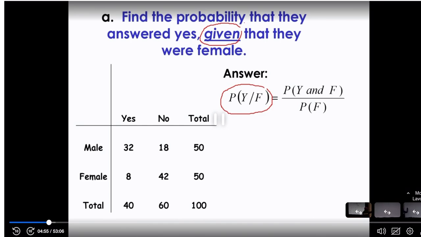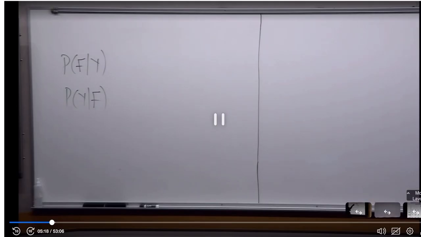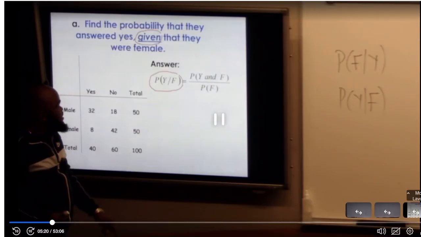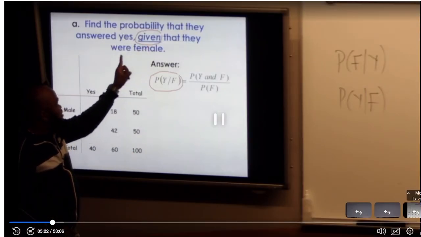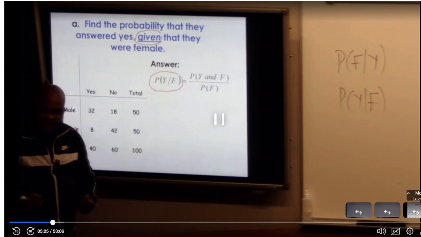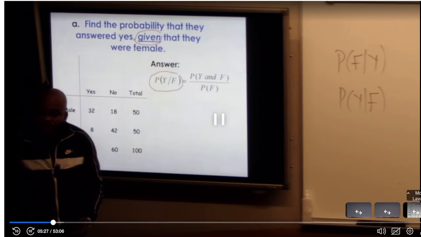So this and this, they are not the same. Here yes is conditioned on female, and here female is conditioned on yes. The two are not the same. So if you take a look at this in the picture, find the probability that they answered yes, given that they were female. It means the event of female will have to come first.